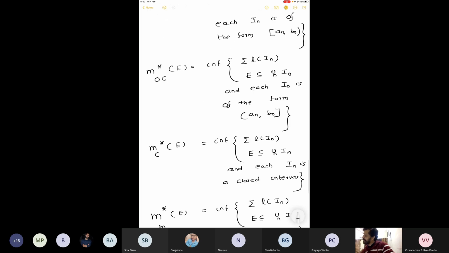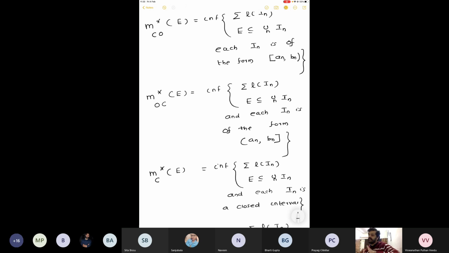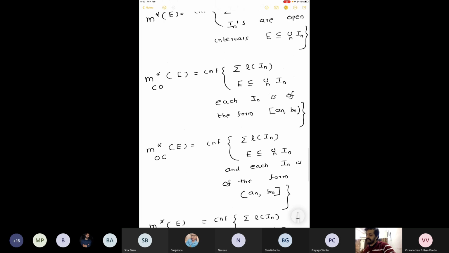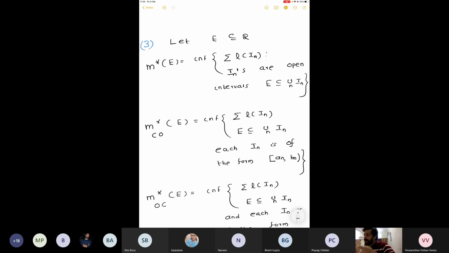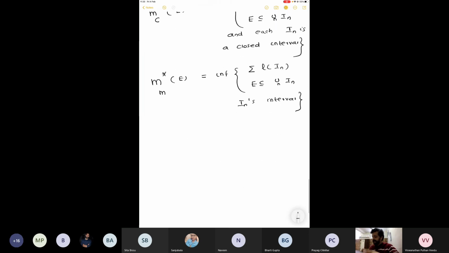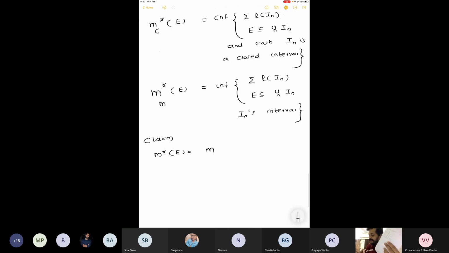And what the problem demands you to prove is that all these quantities will be the same. Once you fix your set E, whether you approach through open intervals, closed intervals, semi-closed, semi-open, whatever it is, the claim is this. M star E is equal to M CO star E is equal to M OC star E is equal to M C star E, everything closed, and that is the same as when mixture is allowed.